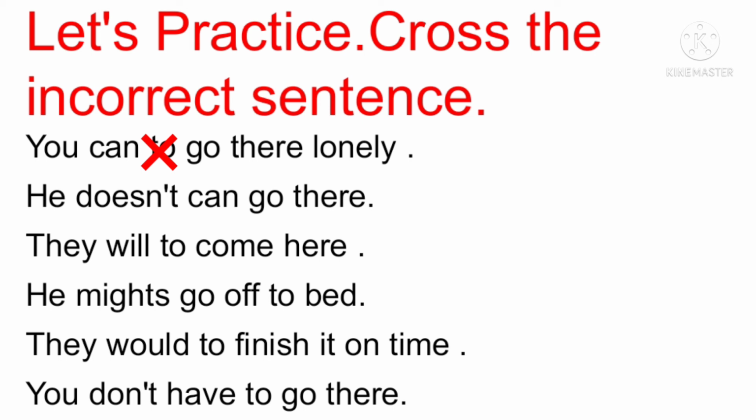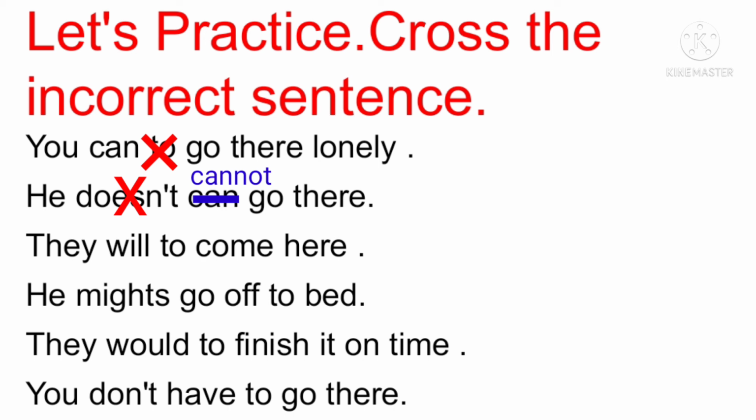Which extra negative word did you add? It is "doesn't." So we need not add "doesn't." Instead of "doesn't," what can we add with "can"? We can add "not." So it will be: "He cannot go there." This is the correct modal sentence. Yes, very good. Just remember the three basic rules and then check the sentences.